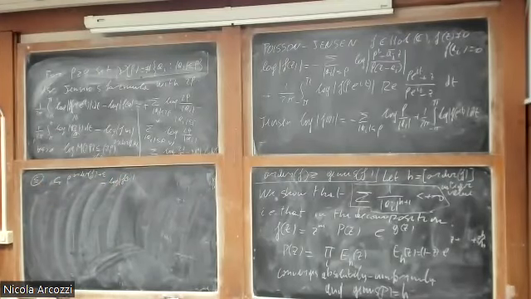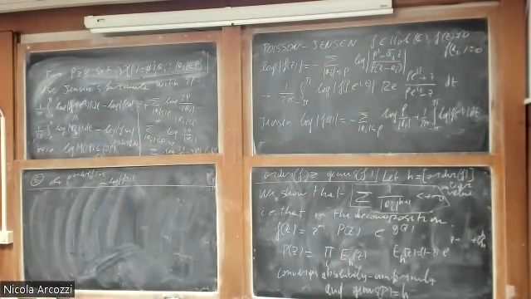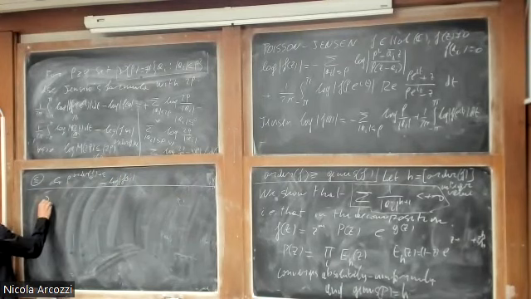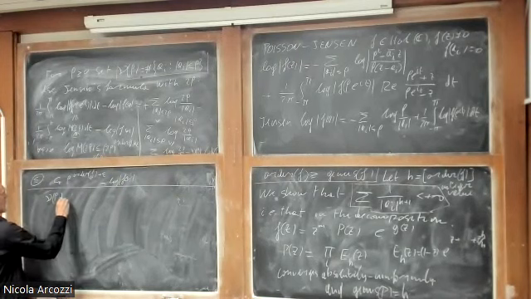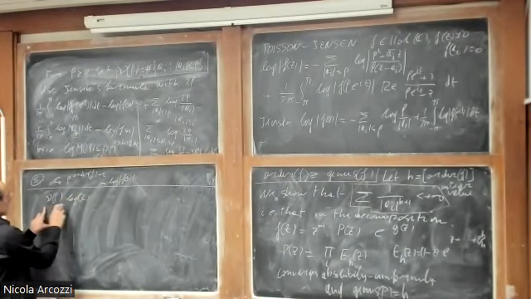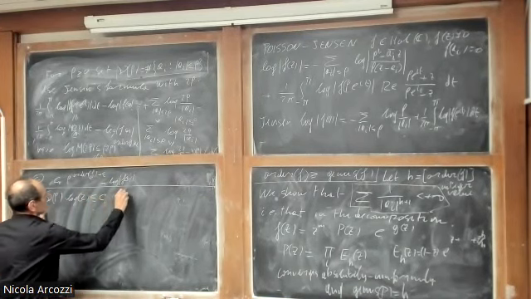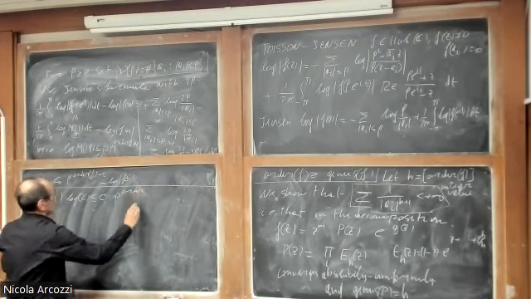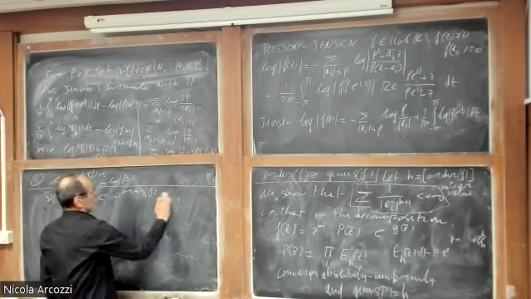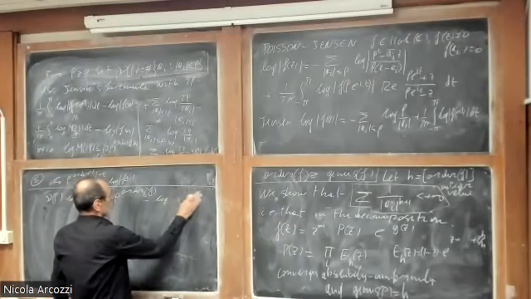So that means that the number of zeros n(rho) is therefore bounded, minus one. Okay.